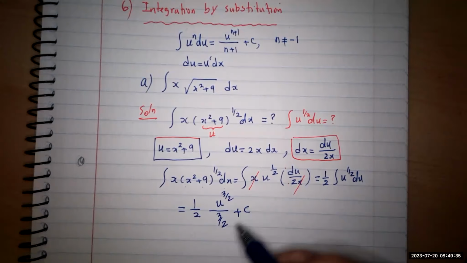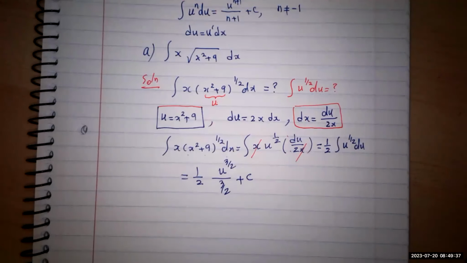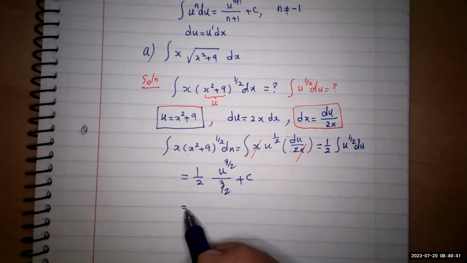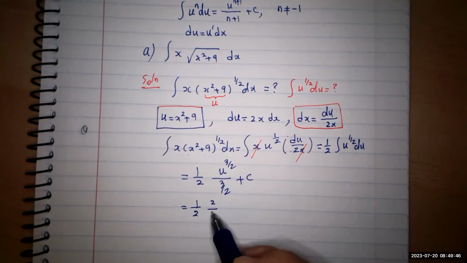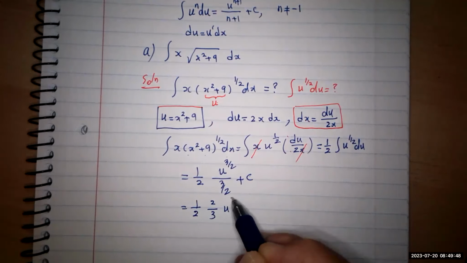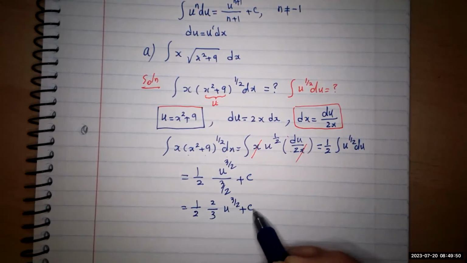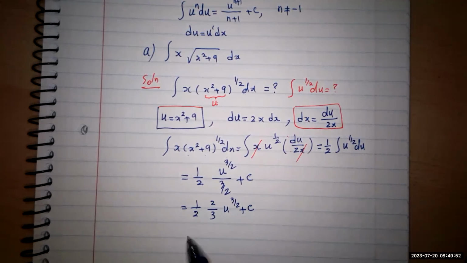But you have to simplify: you multiply by the reciprocal, 1/2 times, you flip this one, you get 2/3, and u to the 3/2 plus c. So you simplify these two, and that gives you 1/3 u to the 3/2 plus the constant c.